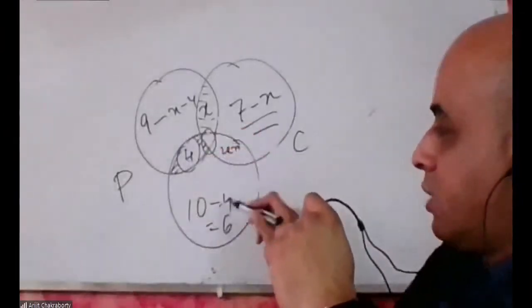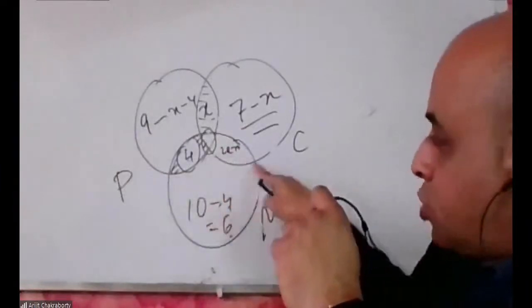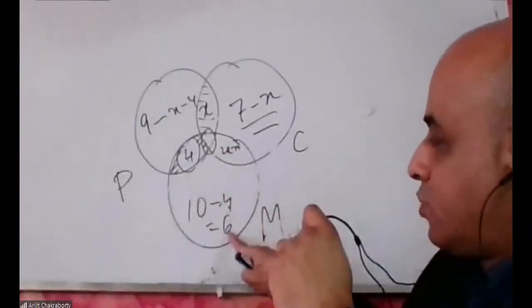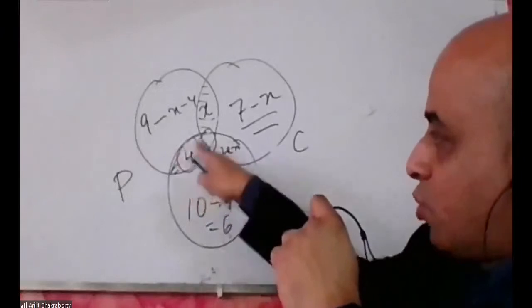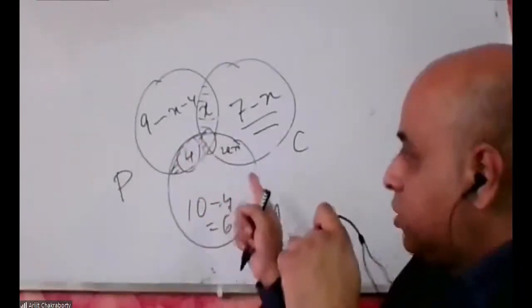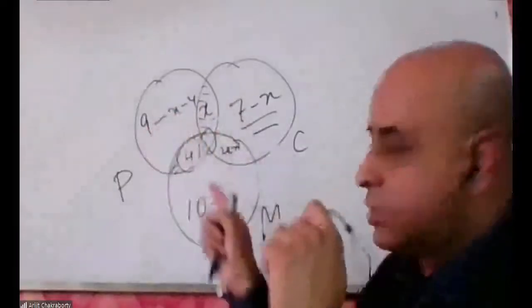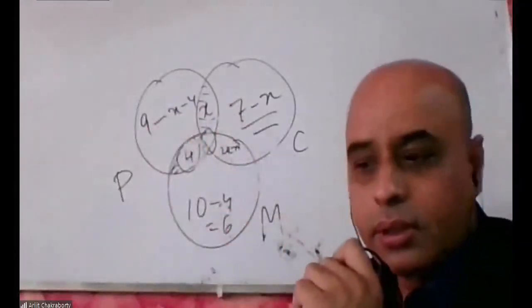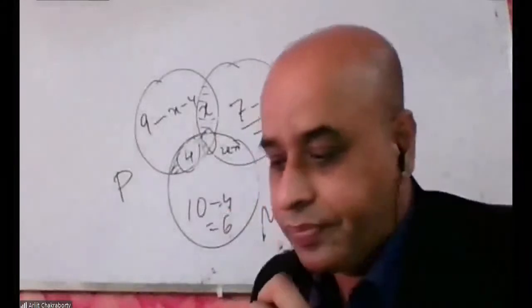The remaining is 10 minus 4, that is 6. This white portion is 10 minus 4, that is 6, because this part is 4. So the white portion, those who teach only mathematics and not physics, will be 6.